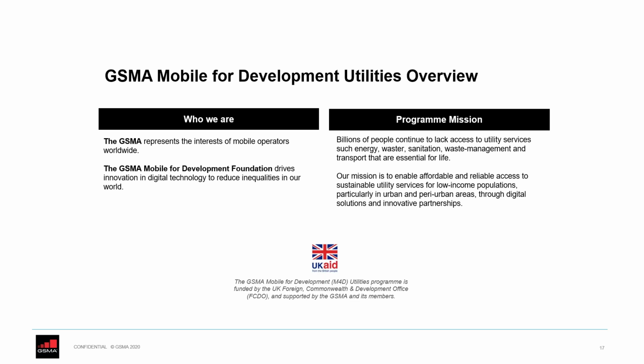Specifically, I work on our Mobile for Development Utilities program, where we're concerned with the billions of people who lack access to essential utility services like energy, water, and sanitation. We are looking at ways that digital technologies can enable affordable, reliable and sustainable utility services, particularly focused on low-income populations and those in urban and peri-urban areas.